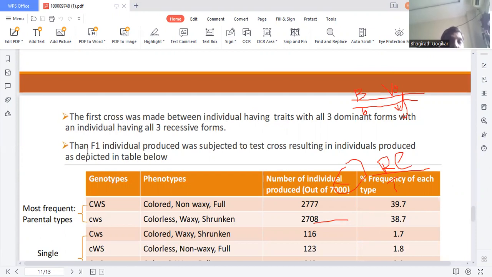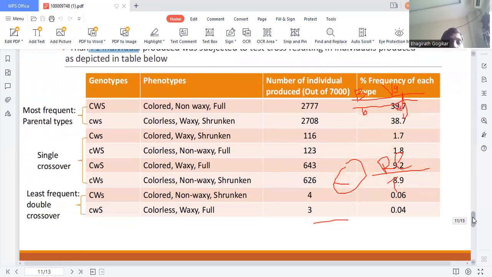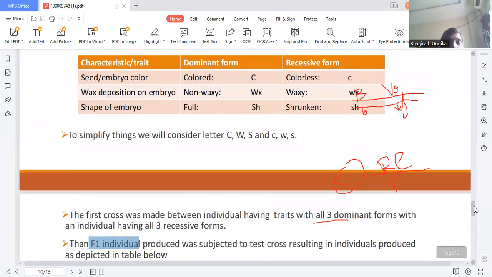From the parental plants, we obtain the F1 individual. This F1 individual undergoes a test cross. The resulting progeny shows different types of combinations. See here, the respective genes we can identify. C is colored, dominant. Capital W is non-waxy, and capital SH is full.